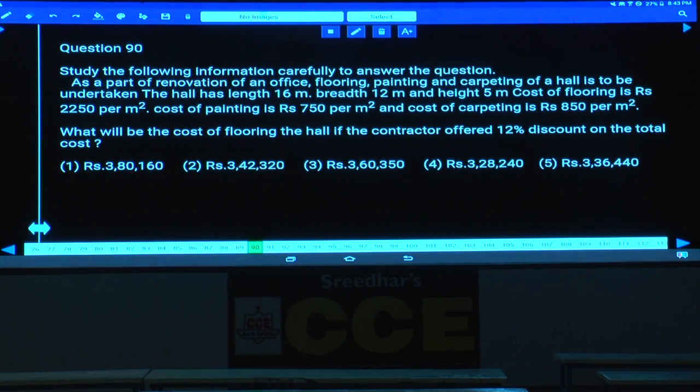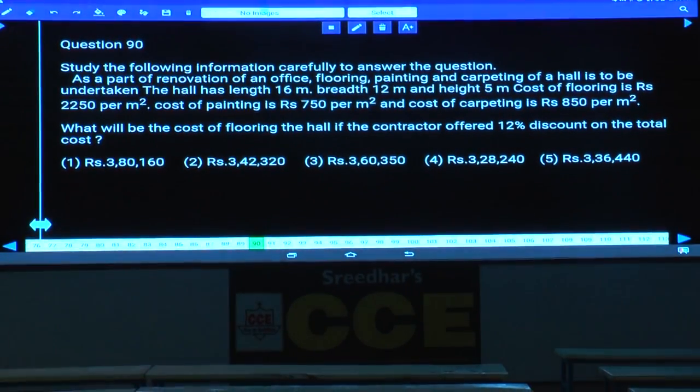Next. What will be the cost of flooring of the hall, if a contractor offered a 12% discount on the total cost? Flooring is done for the area, that is length into breadth. Just a minute, I don't want to calculate it.